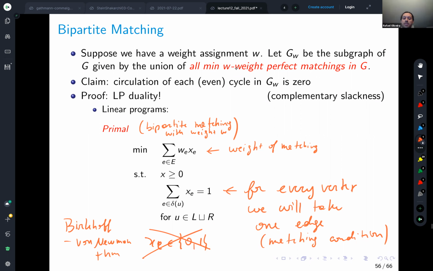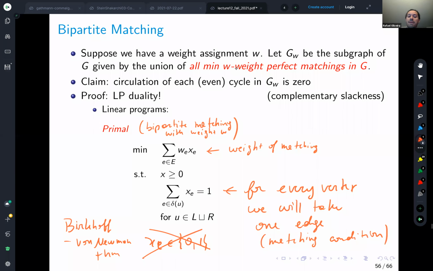So we don't need to enforce this condition. That's why we have a linear program. Next week we're going to see linear program relaxation, so you're going to see how this pops up again. This is a pretty interesting polytope.